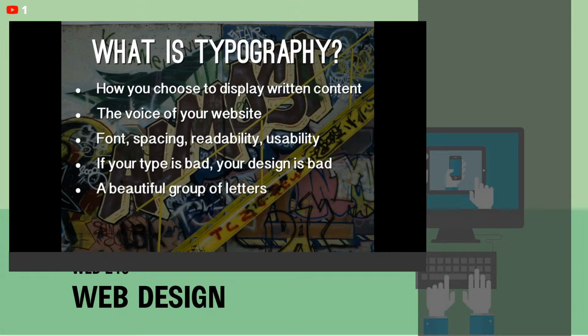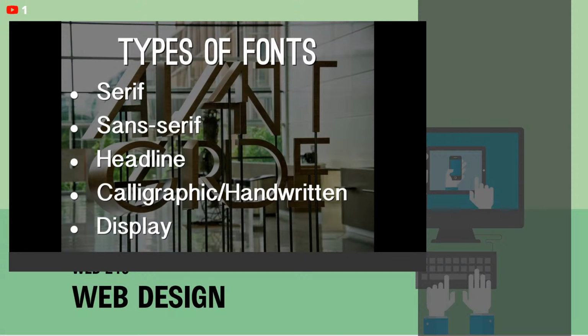Now, there are many different types of fonts, as we've mentioned. Some of them have some really different names. Right, serif, sans serif, headline, calligraphic, handwritten, display. We might see some of these things called different names. We'll look at a couple of font sites in a little bit, and we'll see some different names for these types of fonts later on.